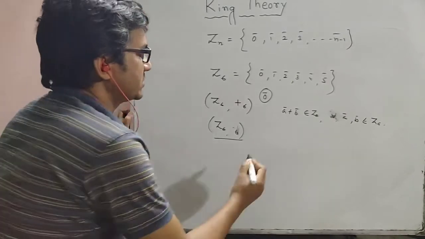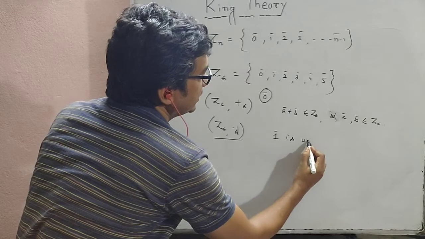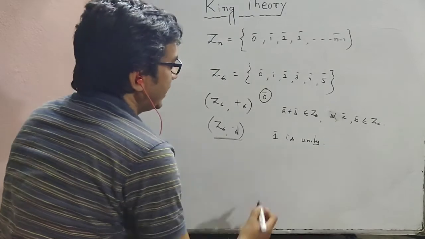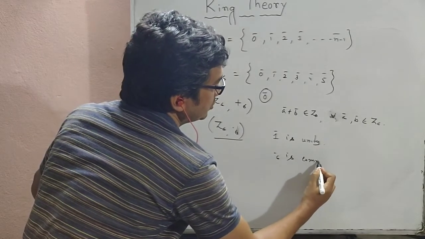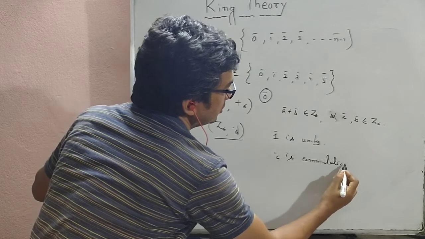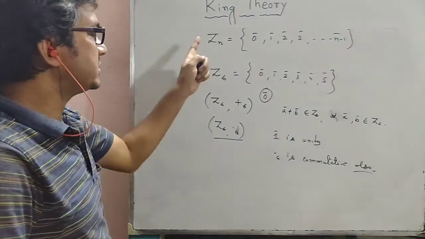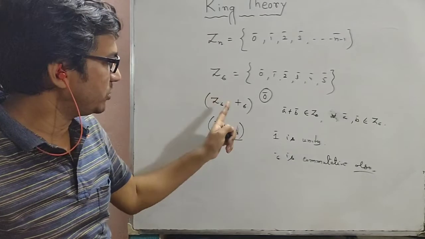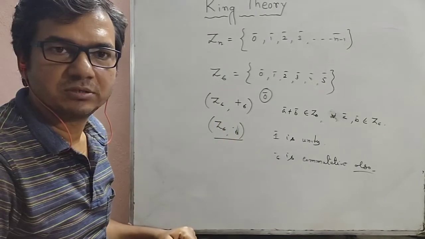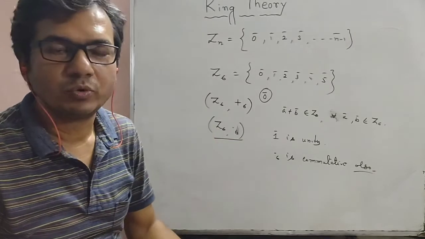Here the class 1 is unity, and dot 6 is commutative also. So this is a ring with respect to plus 6 and dot 6, and this ring is a commutative ring with unity.